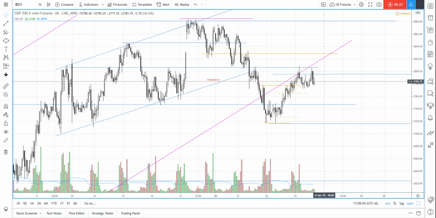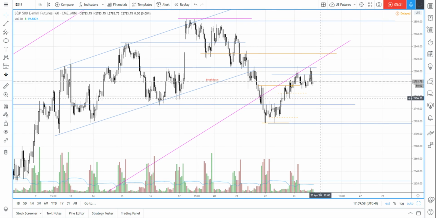And the first immediate take profit target will be around 2750. So this is the first line of defense, 2750, 2754, somewhere around this region. If this level gets broken, then definitely we should see a test of the swing low at 2715. So two price targets here.